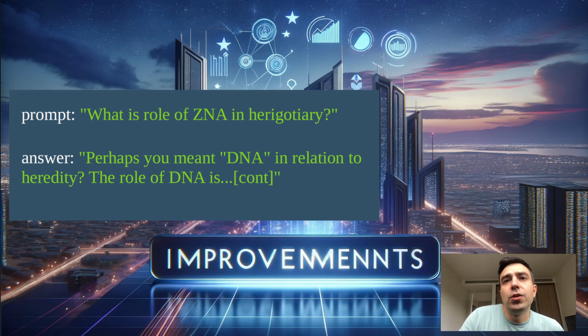So this should also make the model harder to slip into hallucination because it will have incentive to walk the shorter path to obtaining terms grounded in reality. So if it's not sure exactly what the thing is, it will try to correct itself towards something real and then explain from there.